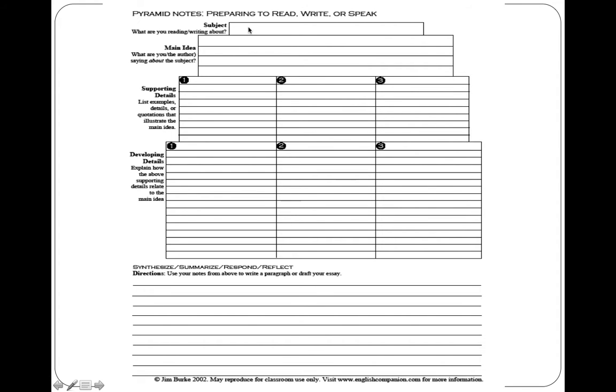What are we going to write about? I might give you a topic, say what you did last summer. Okay, so we know we're going to write about summer. The main idea, what are you going to say about the summer? Your supporting details, what are you going to use to describe your summer and what you want to say about it? And then developing details, explaining even in more detail your main idea, to make sure that all of these are supporting the main idea statement here.